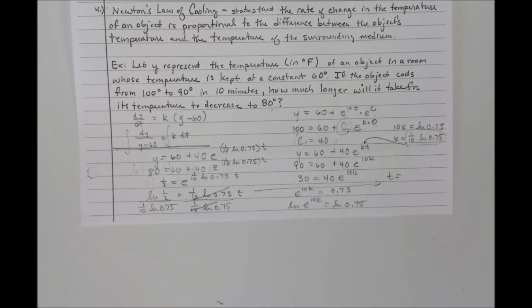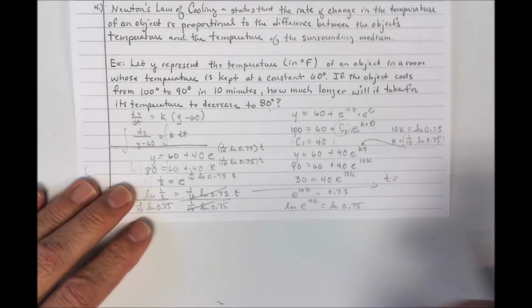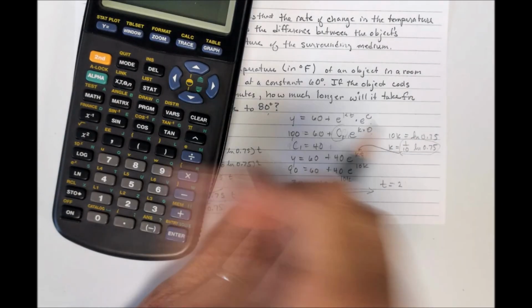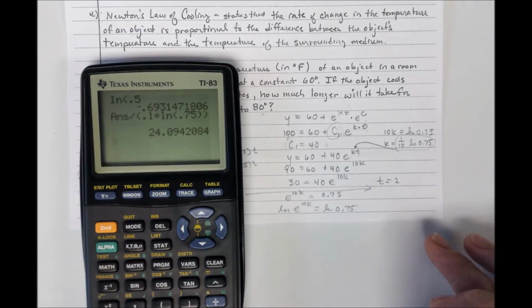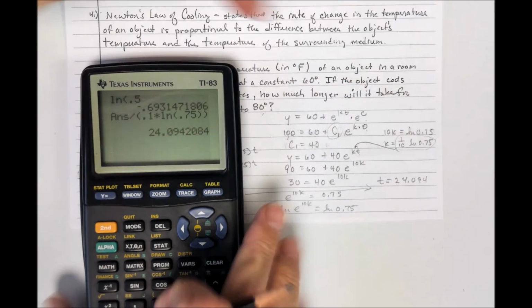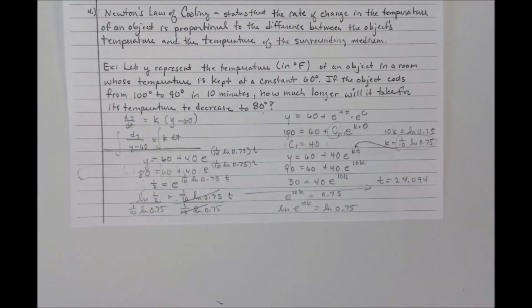Natural log of 0.5 divided by 0.1 times the natural log of 0.75 equals, and I get 24.094. So it's pretty close to 24 minutes.